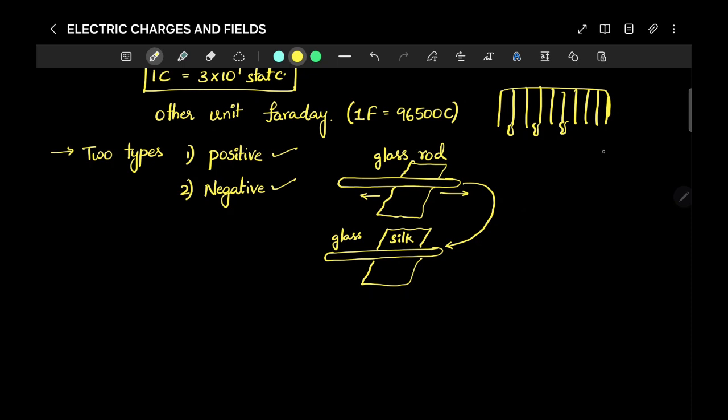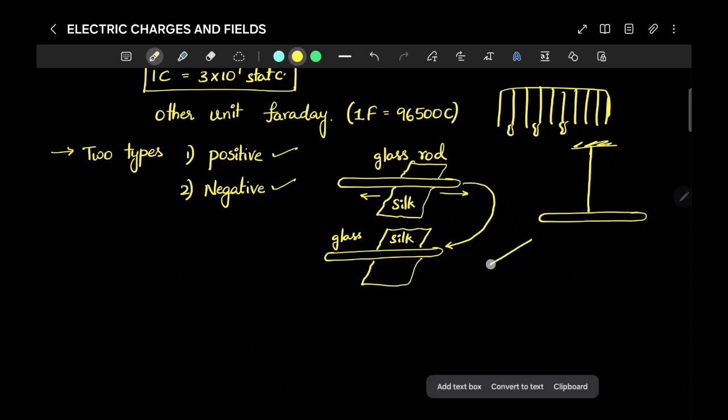For example, suppose you suspend one glass rod after rubbing it with the silk cloth, and I bring another glass rod near it. This glass rod tries to move away from the second glass rod.